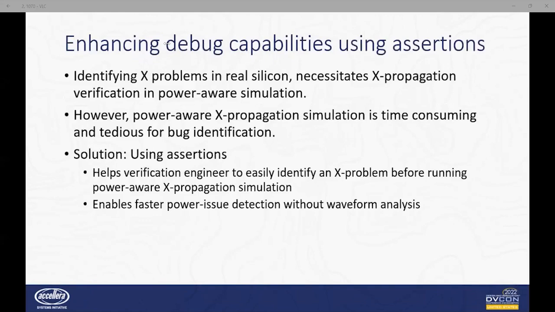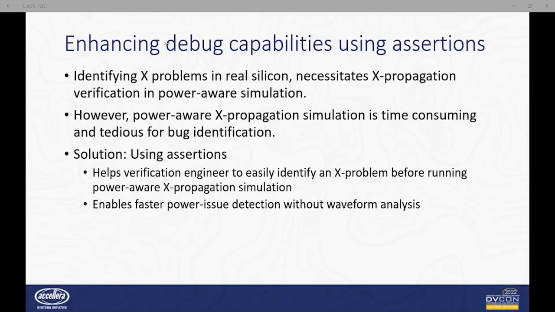So far, we focused on the coverage metrics, and from now on, we are going to talk about assertions that enhance debug capabilities and the efficiency of power verification. During the power-aware simulation, objects inside the shut-off domain are corrupted with generated unknown values. So we need X-propagation verification in power-aware simulation to identify possible X problems in real silicon.